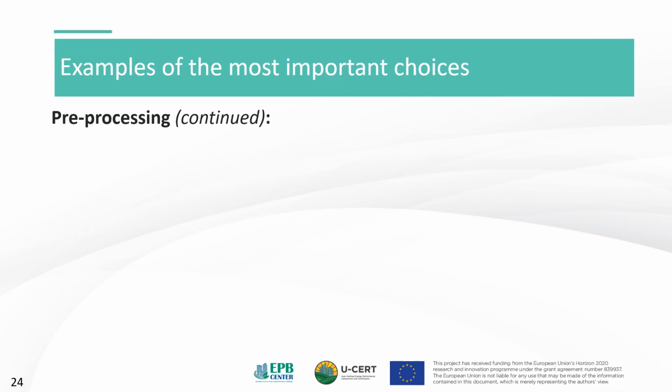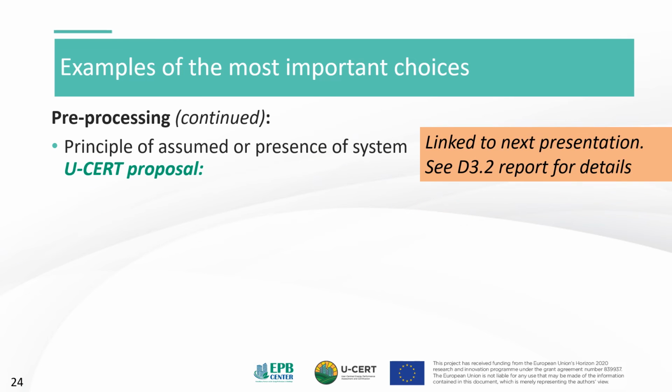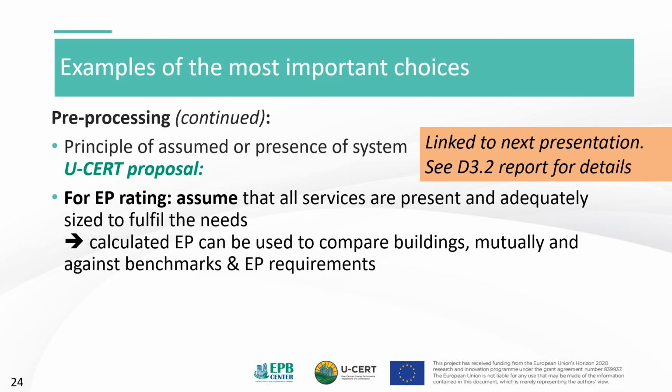Then on the pre-processing still, there's one choice which is very important also because it's linked to the next presentation, and more details can be found in the report which deals with the next presentation, report D3.2. The CERT proposal is that for the EP rating it's assumed that all services are present and adequately sized to fulfill the needs.